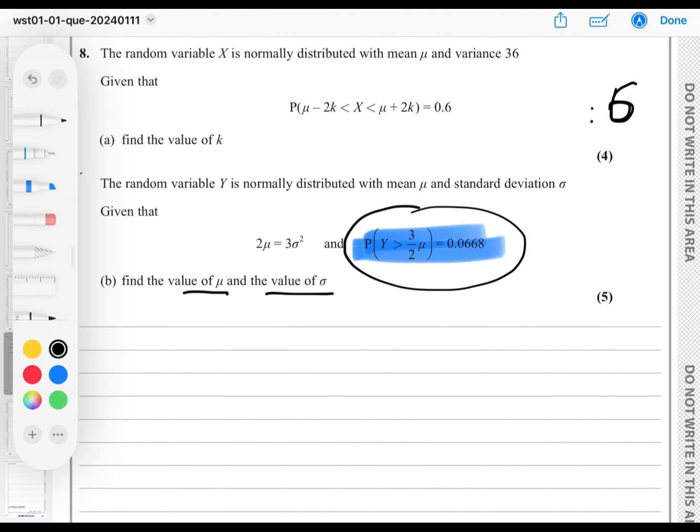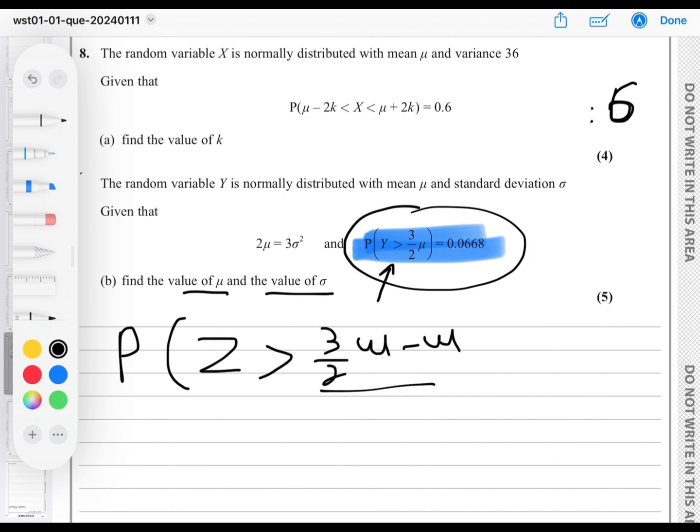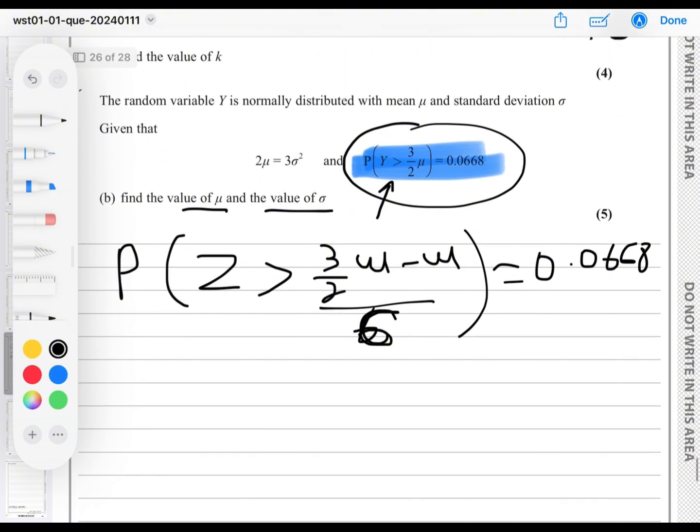So we'll convert this into z-score, so it will be Z greater than (3 upon 2 mu minus mu) upon the standard deviation, equals 0.0668. This is the probability, the area. Okay, so now solving this one, let me compare the values.